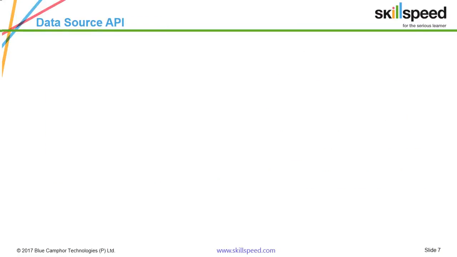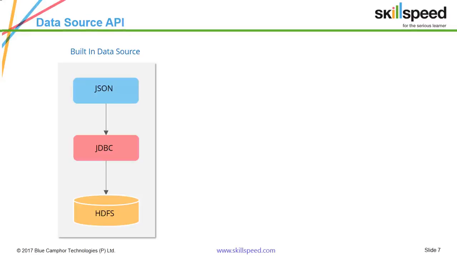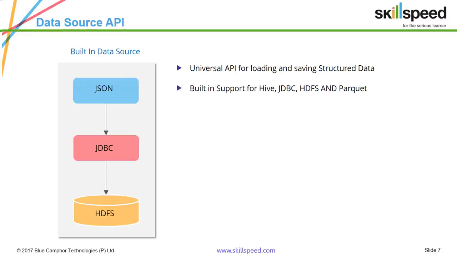Now, to go in depth, the data source API is built by keeping one thing in mind, that Spark SQL should be able to read almost any types of file formats from any place. So it's a universal API and it supports Hive, JDBC, HDFS, and Parquet.